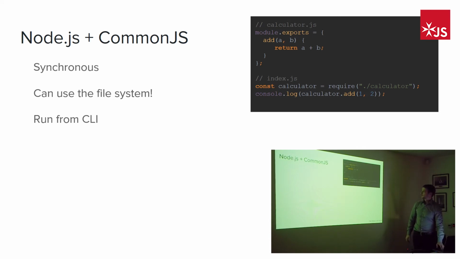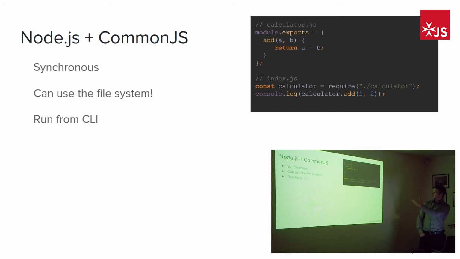It's a synchronous loading of modules, and it's getting it from the file system. So finally, with Node.js and with CommonJS, we could leave the browser and we could actually start thinking of modules as a file and can load them from the file system.